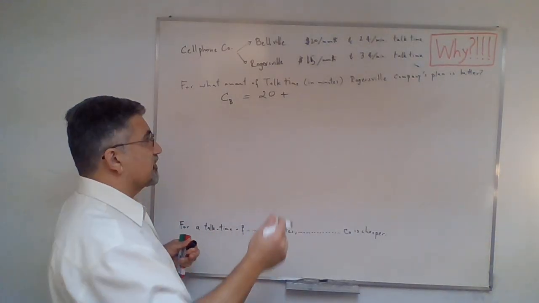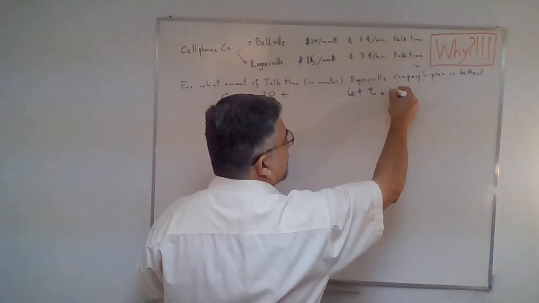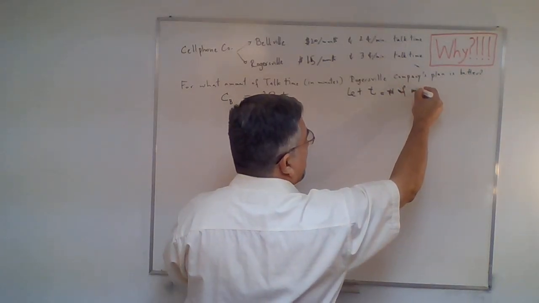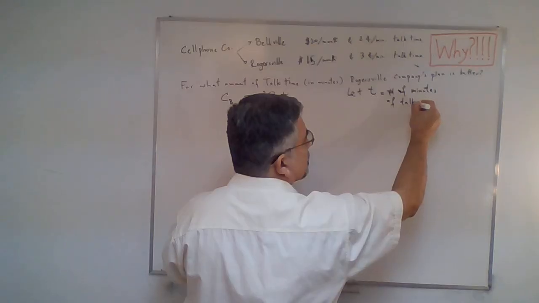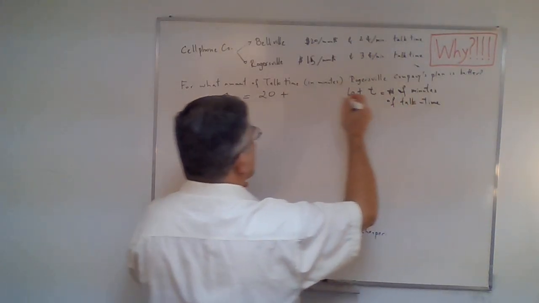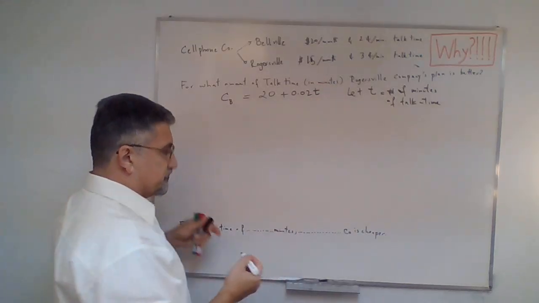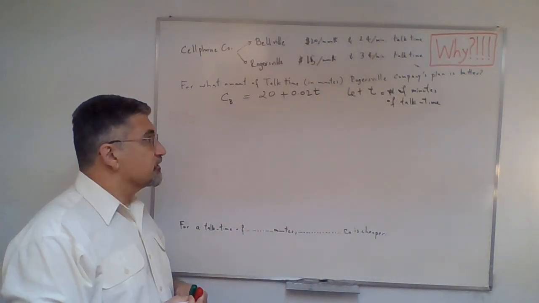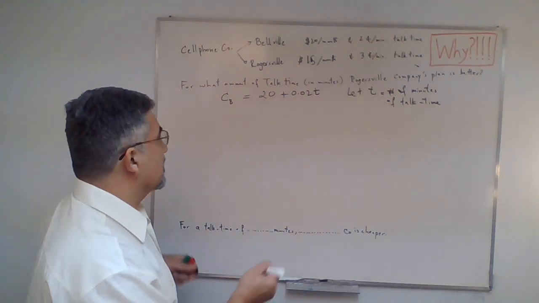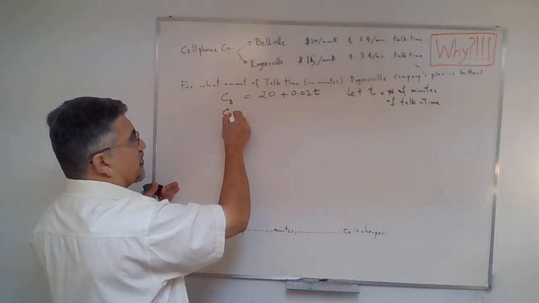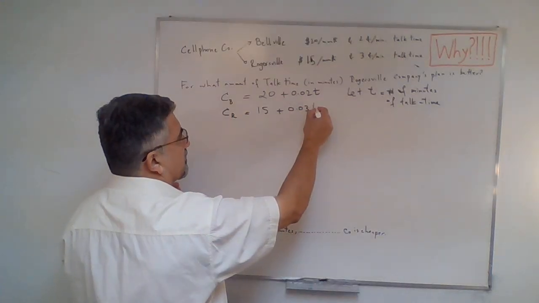If I let T equal the number of minutes of talk time, then this is going to be 0.02 times T. T or X or whatever you want, you can choose. The other company, C sub R, the cost is $15 plus 0.03 times T.